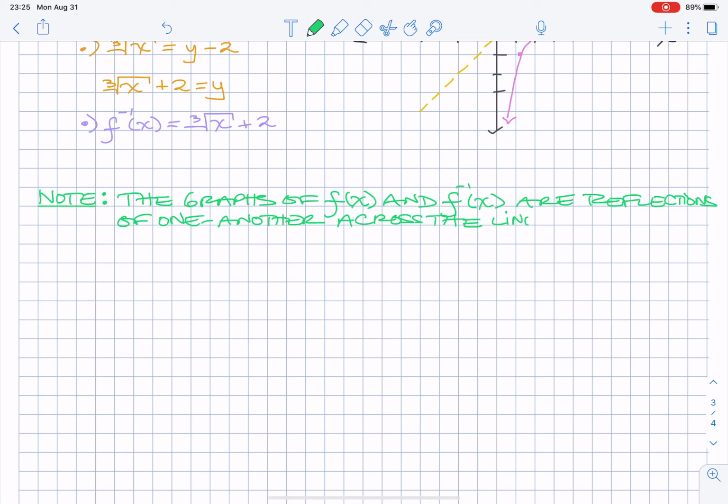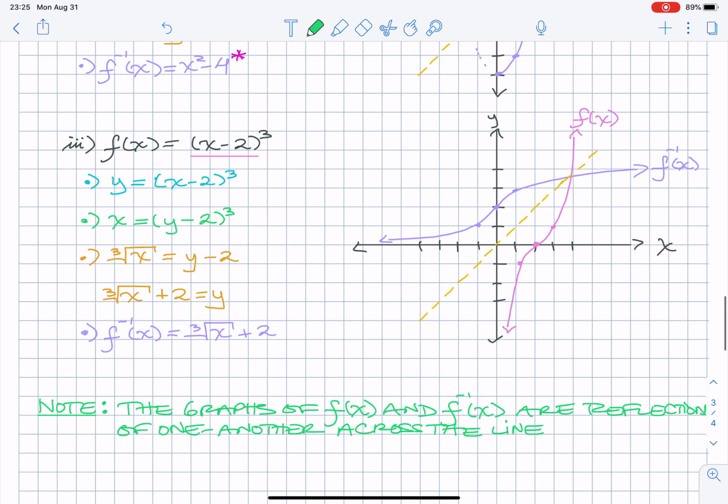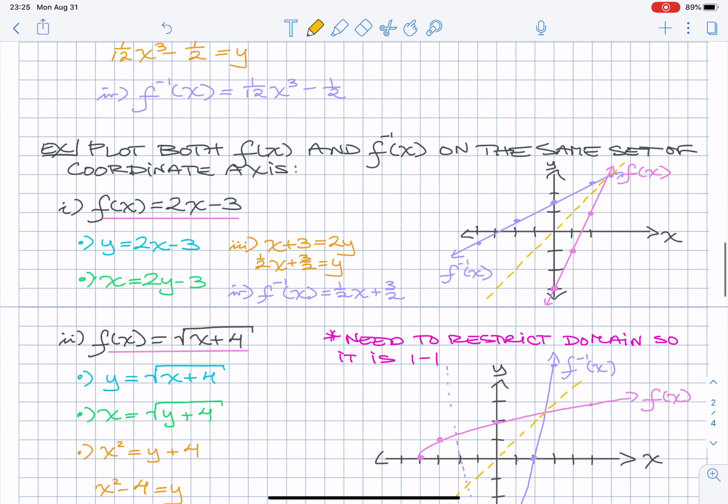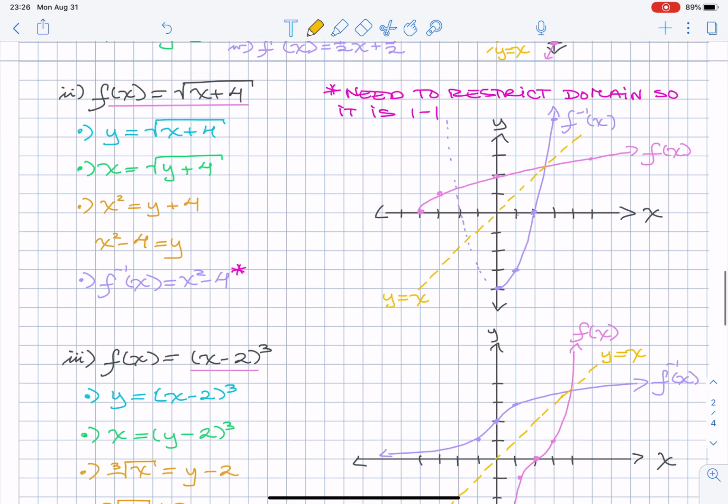So what is that yellow line? This is the main diagonal. This is the line y equals x.